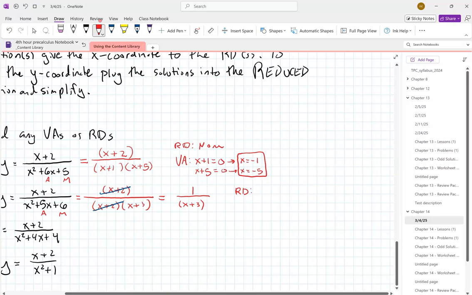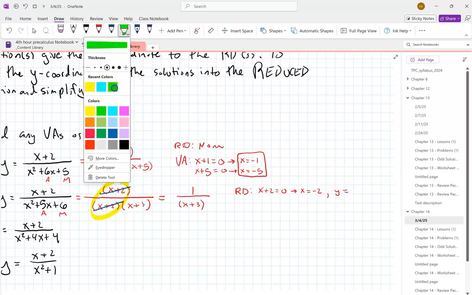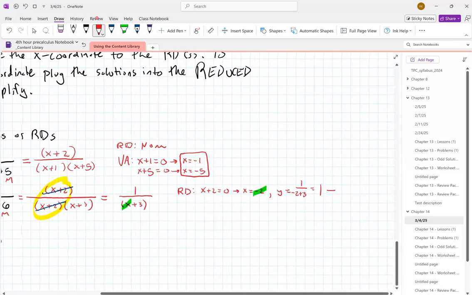So for my removable discontinuity, notice that I did reduce something completely from the denominator. There is no more x plus 2's. So that's what I'm going to set equal to 0 and solve. Everybody's okay there? To find the y coordinate now, I'm going to take that result and plug it into the reduced function. So that just gives me 1.